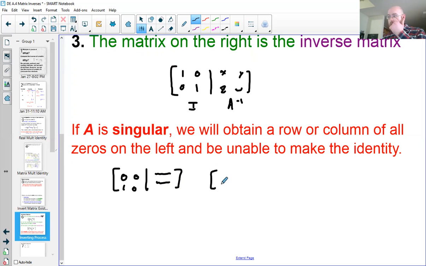Or we might have 0, 0, 1, 1, and then something over here. So whenever we end up with either a row of zeros or a column of zeros, it means A is singular and has no inverse.